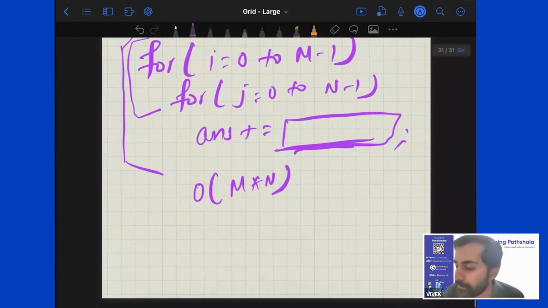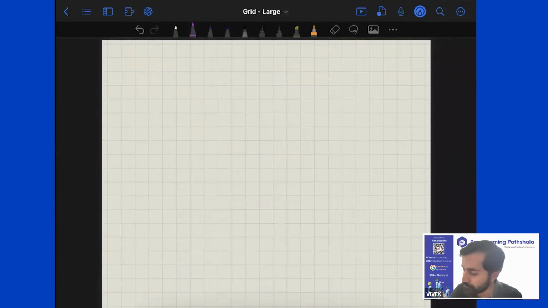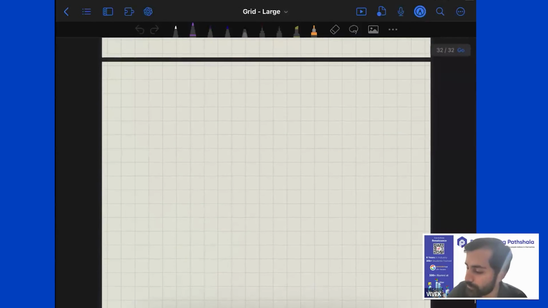Okay, what was the initial complexity? This i comma j could be part of a bottom left and top right matrix. Some of you are asking this question, so let's face it.